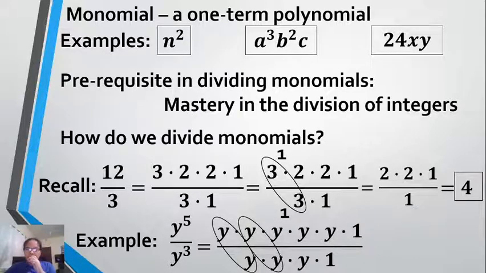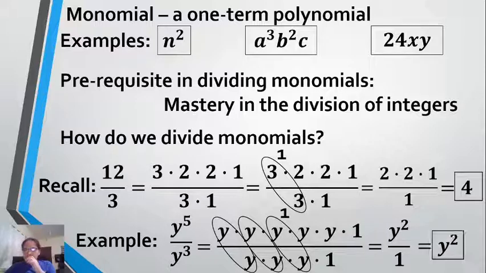Another pair of y, and another pair. So what remains in the numerator are y times y times 1 as the factors over 1. So y times y is equal to y squared, if we can still recall how we multiply monomials. Divided by 1, that's simply the expression itself, y squared.